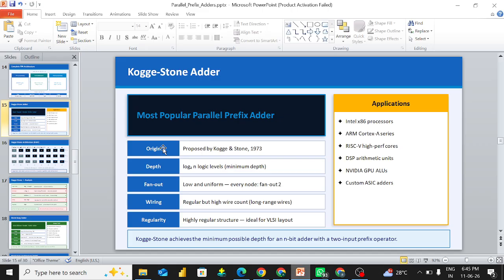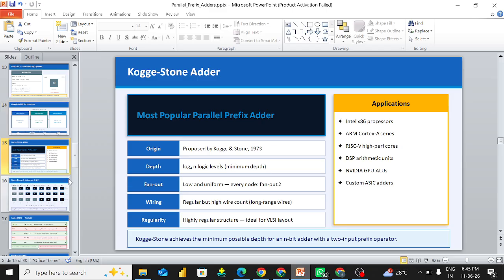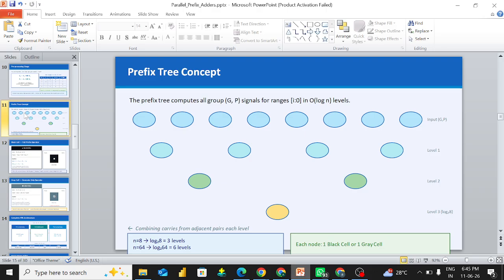in some cases, look here, as I explained in the previous class, now you are at level 1. If you use a black cell, you produce a generate and propagate, so now you have a group of generate and propagate here, and also a group of generate and propagate there.